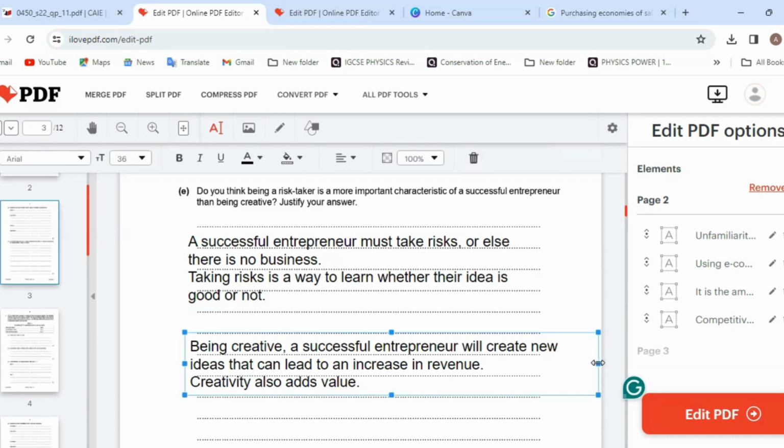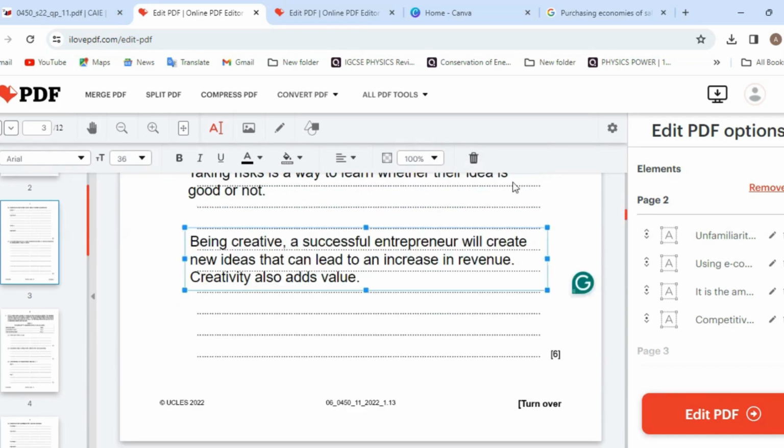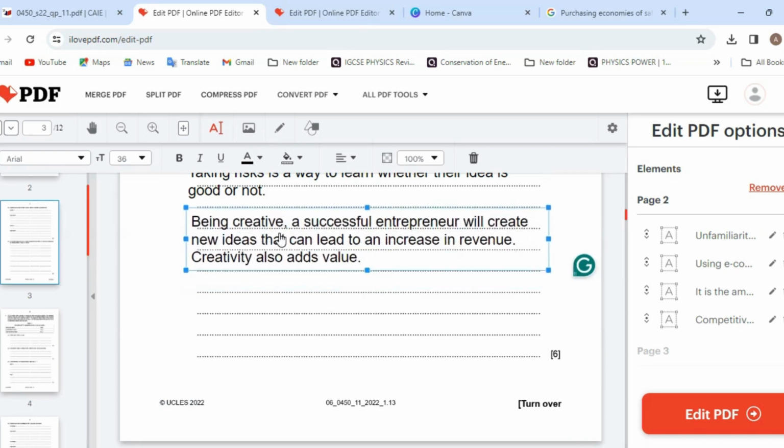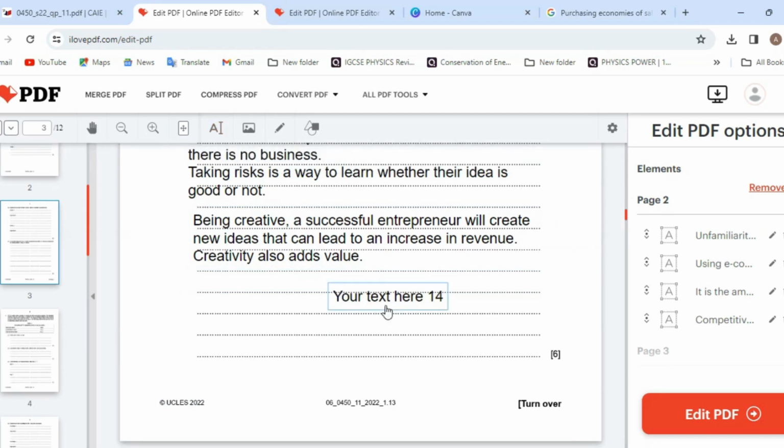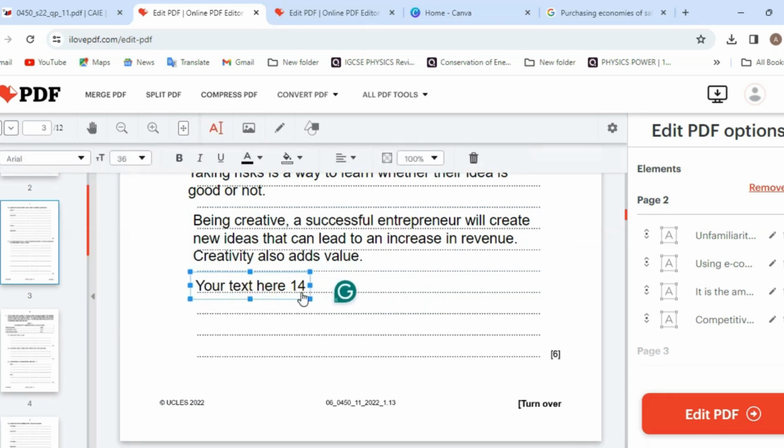Okay, of course, being creative will be more important. Why? Of course, you have to give your point. Let's try and raise this a little and add another test to bring out the one that is important. Okay, let's see.